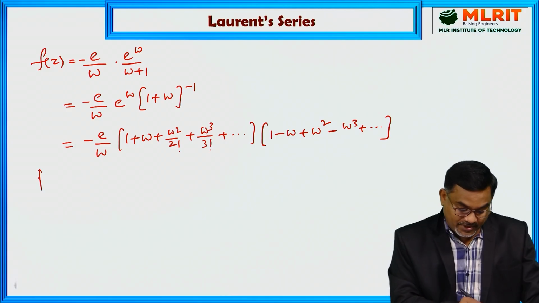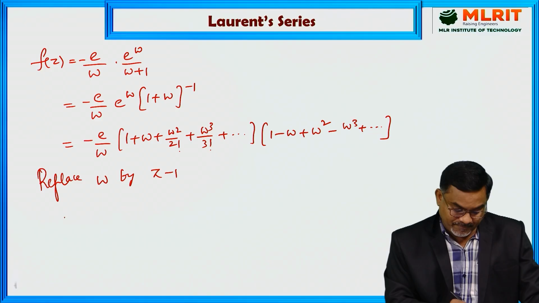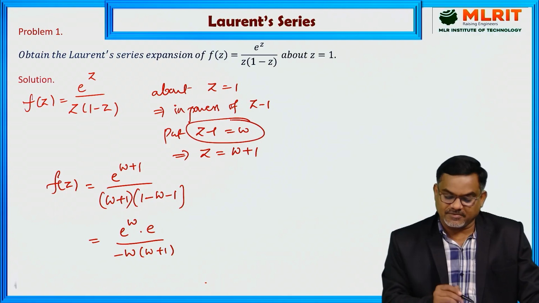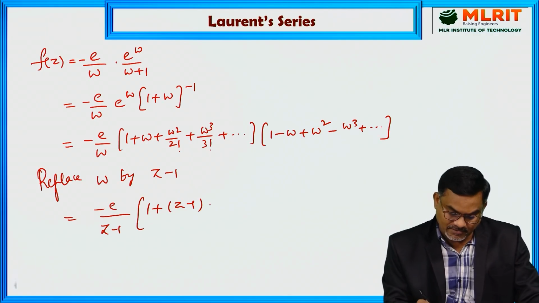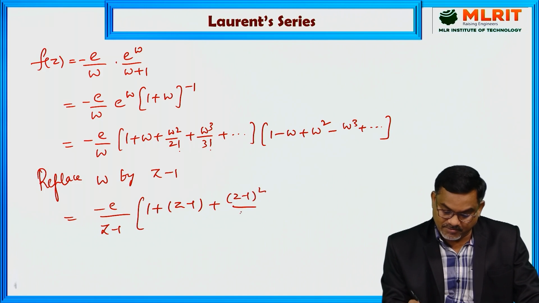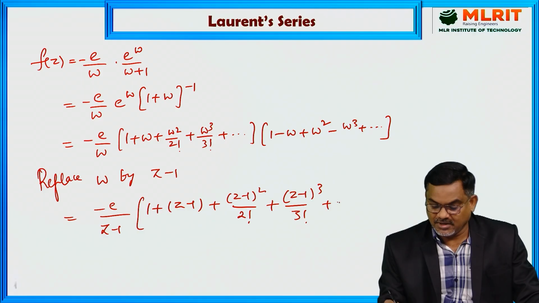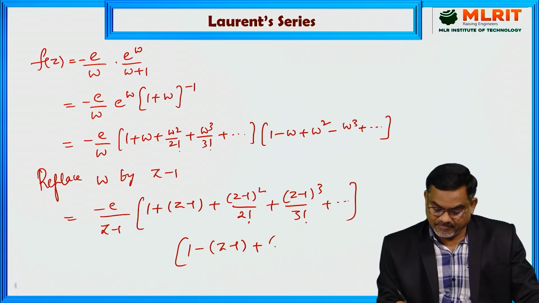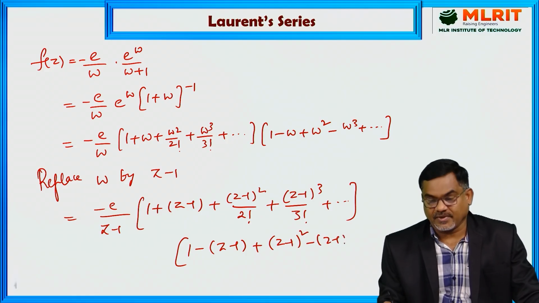So, replace w by z minus 1, then this becomes minus e by z minus 1. So, here z minus 1 is w, that is why we are replacing it. 1 plus z minus 1 plus z minus 1 whole square by 2 factorial plus z minus 1 whole cube by 3 factorial and so on, multiplied by the same. We replace w by z minus 1 and so on.